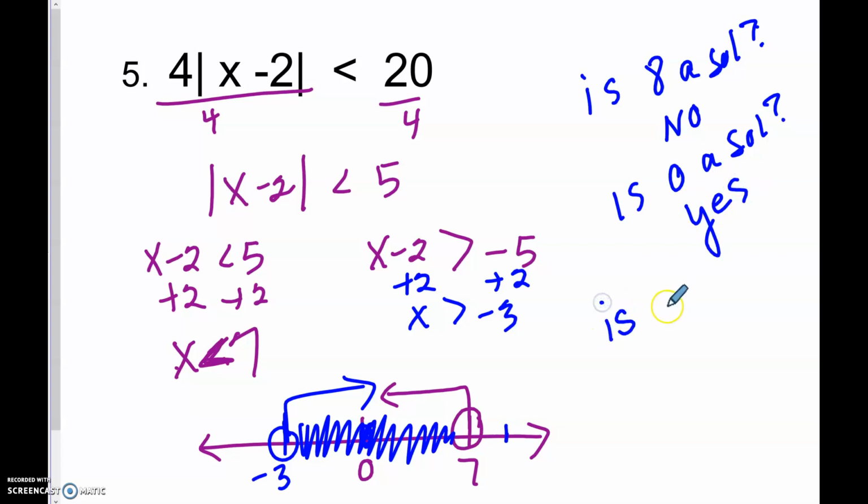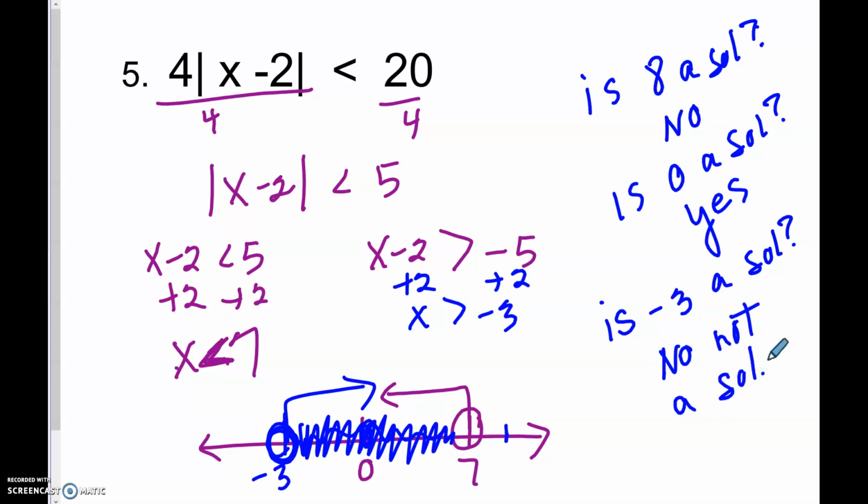So now if I take, is negative 3 a solution? Well, let's see, it goes up to negative 3, but this is an open circle here at negative 3. And because it's open, no, this is not a solution. We're going up to negative 3, but we're not including it.